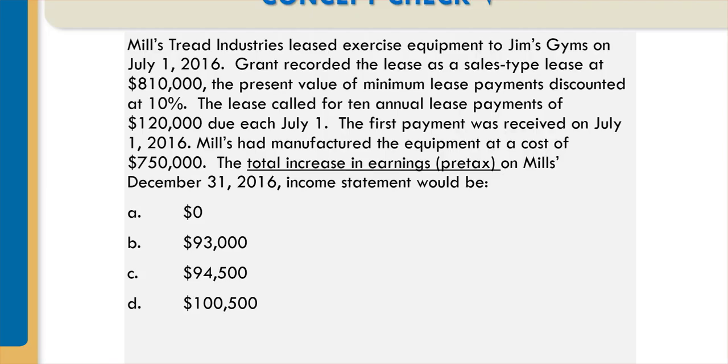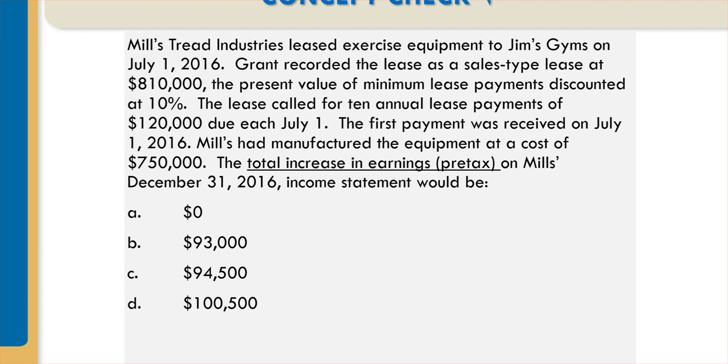Here we have they want us to tell what the total increase in earnings is for Mills. And you're going to say, well, who is the lessor and who's the lessee? And it's all in the way it's phrased. So Mills is leasing, Mills leased. So they are the owner, the lessor, and Jim is the lessee.